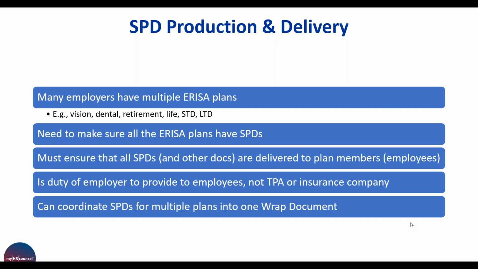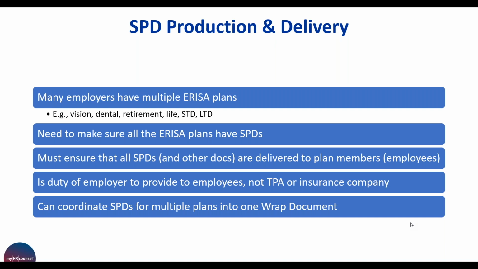And it's definitely not the insurance company's responsibility to do that. Again, if you find an insurance company that is willing to produce and distribute your summary plan descriptions for your participants, jump all over it. You're better off probably buying a lottery ticket than finding that the case.